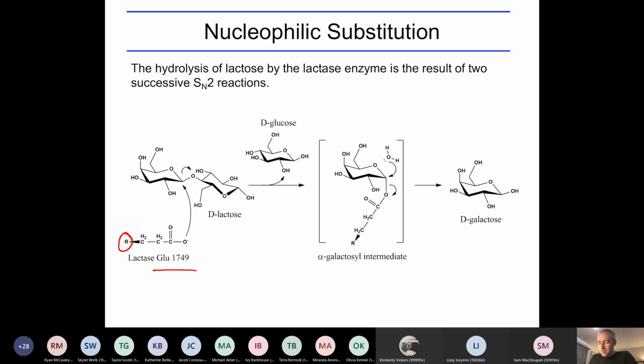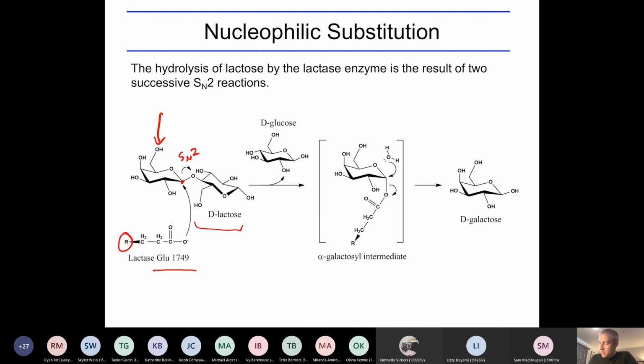This R is a huge structure, hundreds and hundreds of atoms, the rest of the enzyme. And what happens is this acts as a nucleophile and does an SN2 on this molecule, which is lactose. This is like the car that crashes.